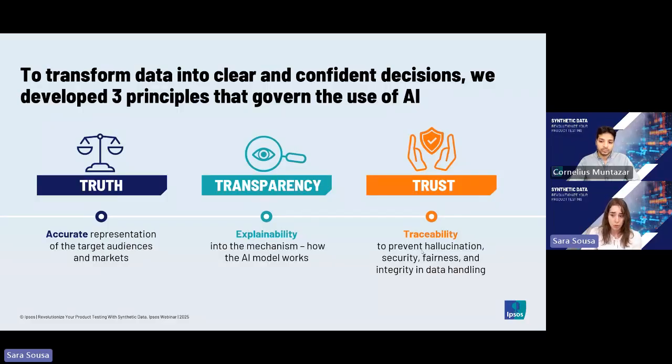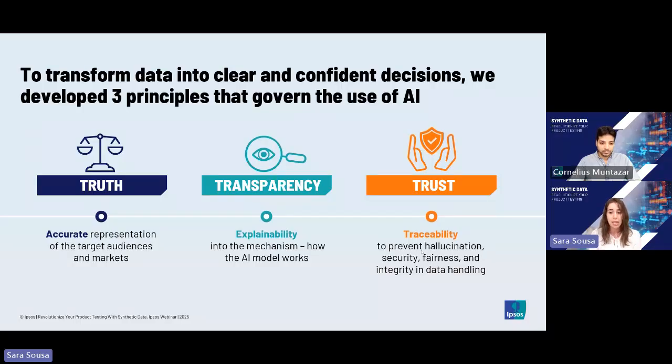It represents the truth, meaning we can accurately represent the relevant target audience that we want to understand. And to ensure accurate representation, we ground the models in real relevant data. So we collect the data for the specific category, consumers, or market that we want to understand. The model should also rely on transparency.